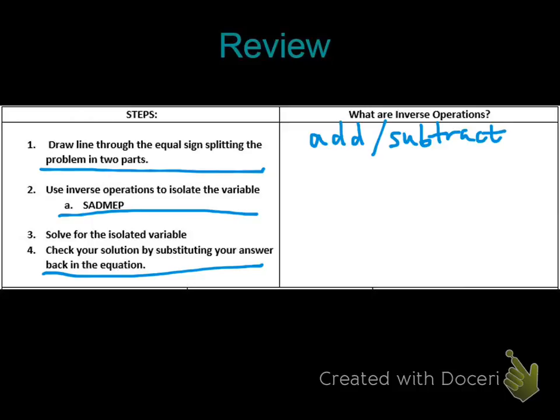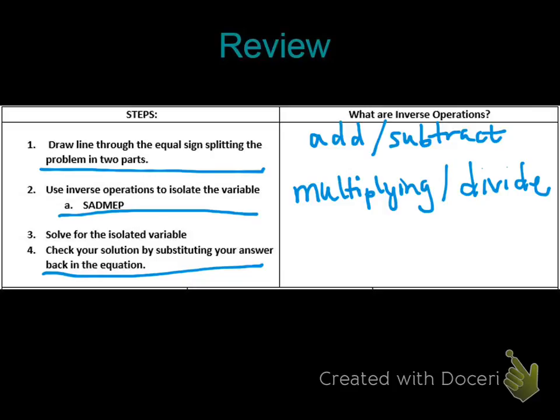If you see subtracting, we're going to add to take that away. And if we see multiplying, we are going to divide to cancel that out. Vice versa, if we see dividing, we are going to multiply to cancel that out.